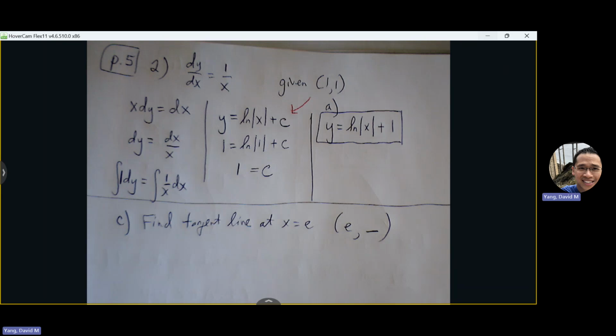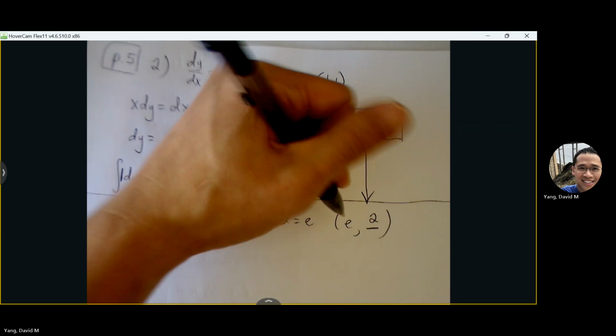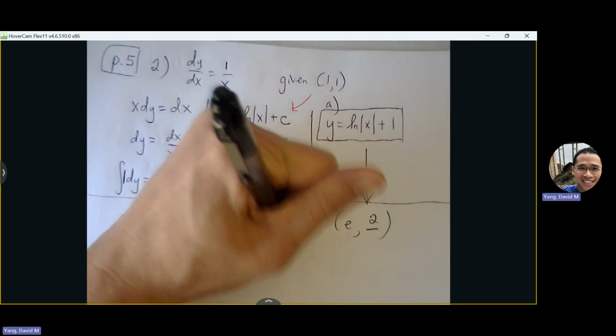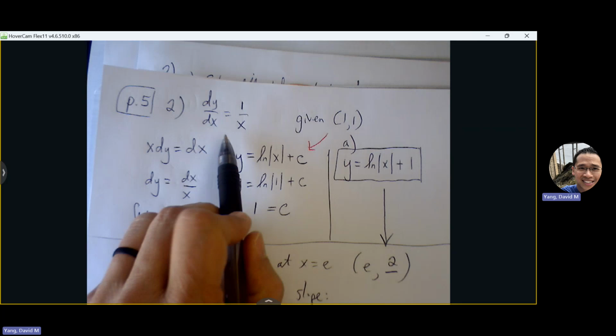So I can plug e in for x to get the y value. So natural log of e is 1, 1 plus 1 is 2. So my ordered pair is e comma 2. My slope is coming from my derivative equation. So dy dx is 1 over x.